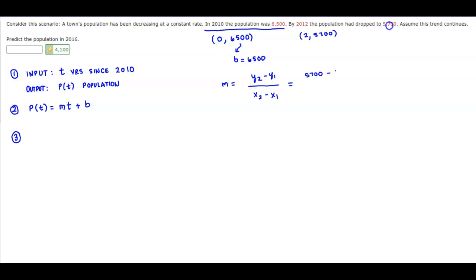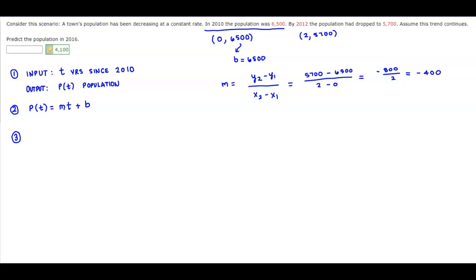We know that y1 is 6,500. We know that x2 is 2, and we know that x1 is 0. So now when we subtract, we get negative 800 divided by 2, which gives us a slope of negative 400.